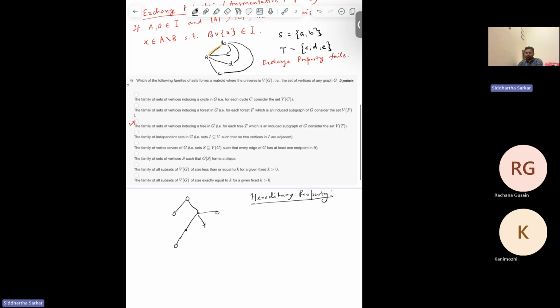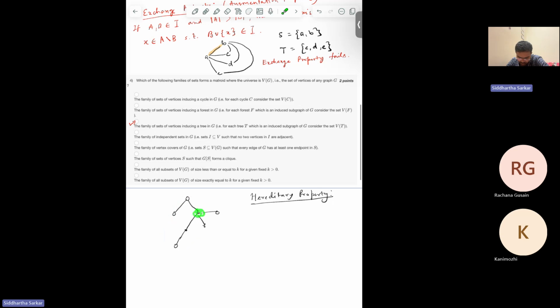So is the meaning of hereditary property in this context clear? So you have an induced tree. Now it takes some subsets.